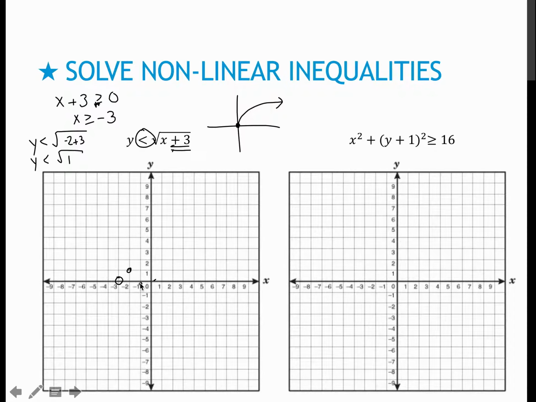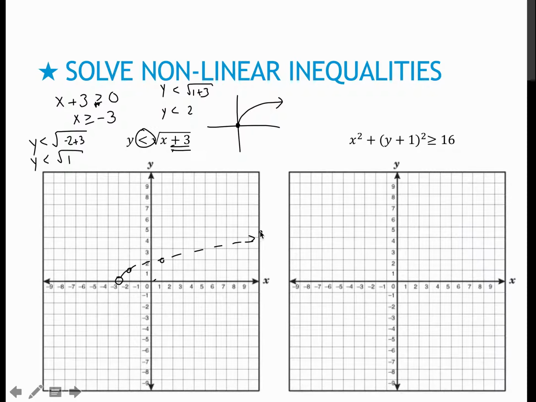And I wouldn't want to plug in negative 1 because negative 1 plus 3 is 2, and the square root of 2 is a decimal, which I don't love. So I might plug in, say, 1, because if I plug in 1, I get 1 plus 3, which is 4. So y is less than the square root of 1 plus 3, so y is less than 2. So 1 comma 2 is a point. So I would probably stick with that.